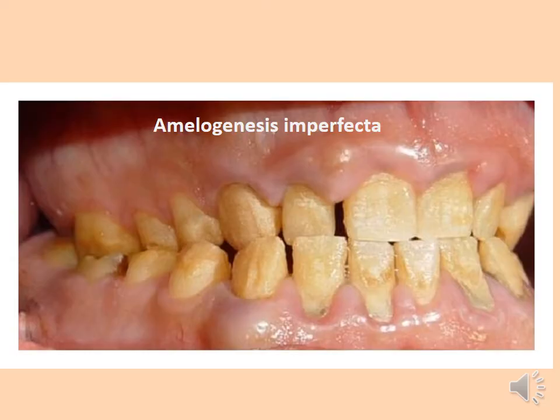It's a rare disease, and the term amelogenesis means enamel formation. Imperfecta means not perfect. So the people having this disease have abnormal enamel formation. As you can see here, the enamel is discolored and we can see a lot of pits and grooves on the enamel.